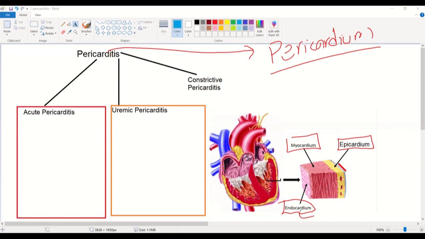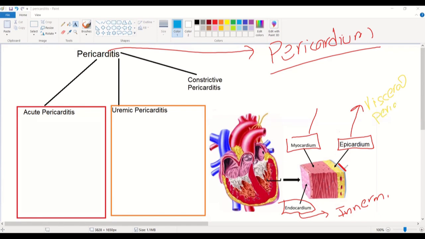The endocardium is innermost, the myocardium is the middle, basically the cardiac muscles, and the endocardium covers the heart valves and similar structures, and then the epicardium, right? The epicardium is also known as the visceral pericardium.